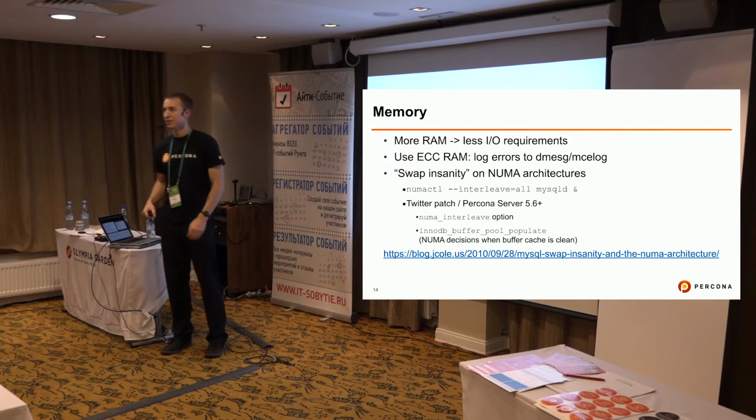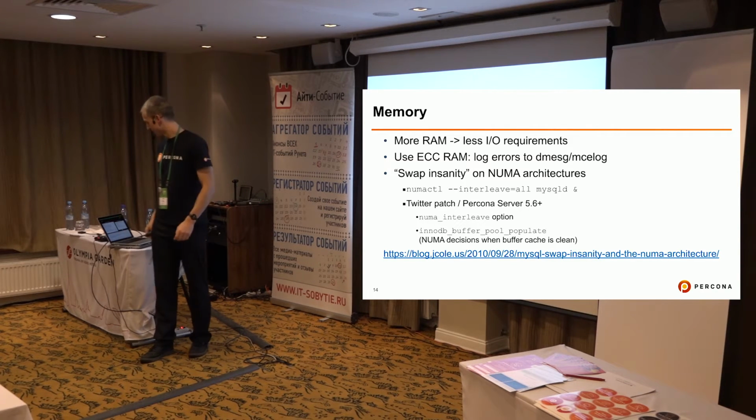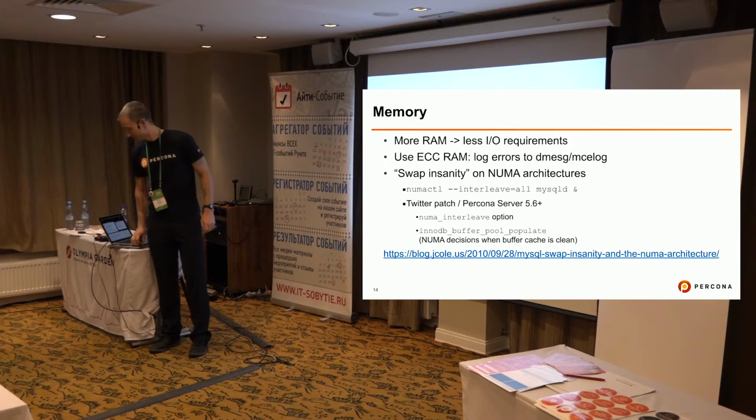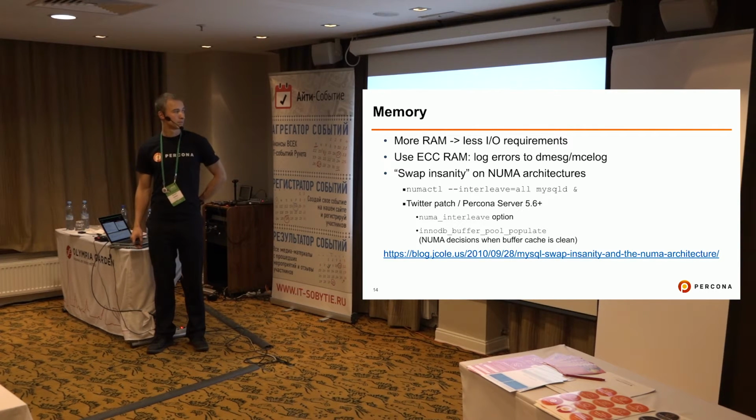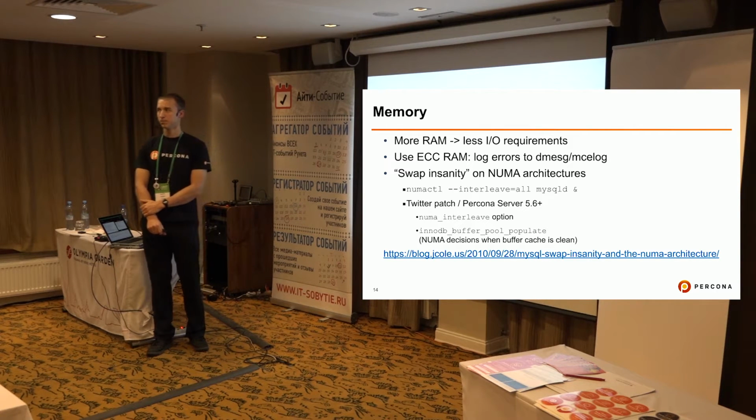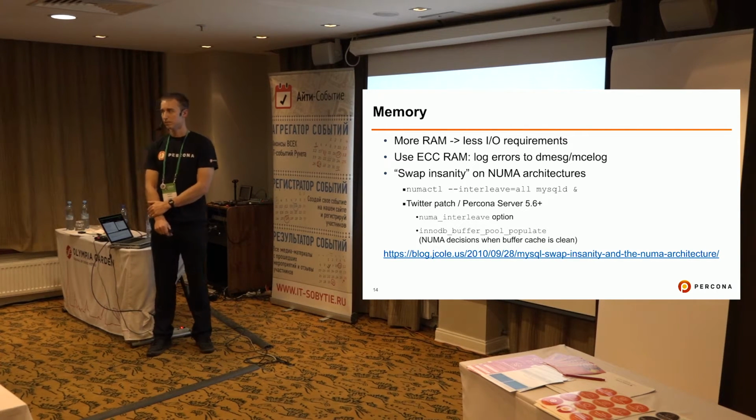So this is actually easy. With ECC memory, you're actually spending some amount of performance on ECC itself. But there could be two kinds of ECC usage. The first one is to make sure that you will not corrupt your data on disk. This is the most important for databases, and especially for relational ones, to not corrupt your data.